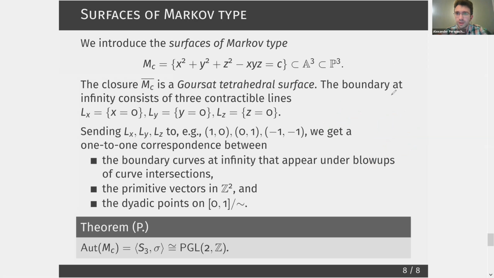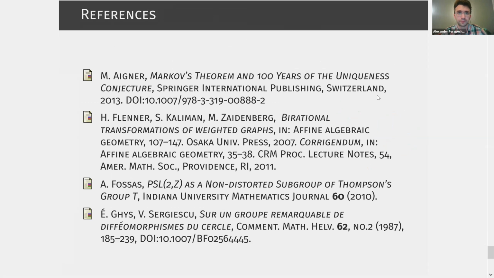I'll also give a list of literature for the subjects. First of all, if you are interested in Markov numbers, there is a nice book by Aigner on the Markov theorem and the uniqueness conjecture. Second, for Thompson groups, they were introduced by Étienne Ghys and Vlad Sergiescu.